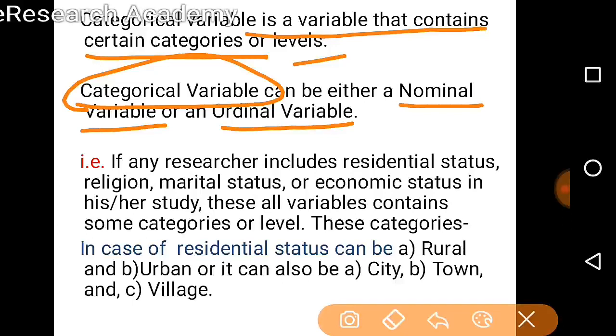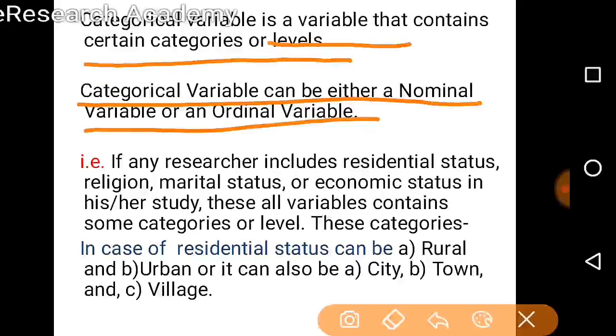Similarly, the ordinal variable is a variable that describes responses in any order, and we can assign ranks to this order. If any variable is describing or containing certain ranks, or containing responses in the form of any order, it is known as an ordinal variable.